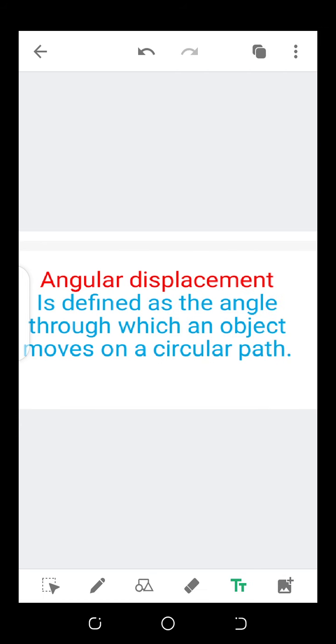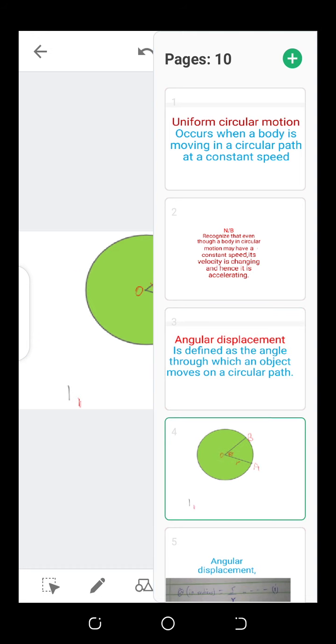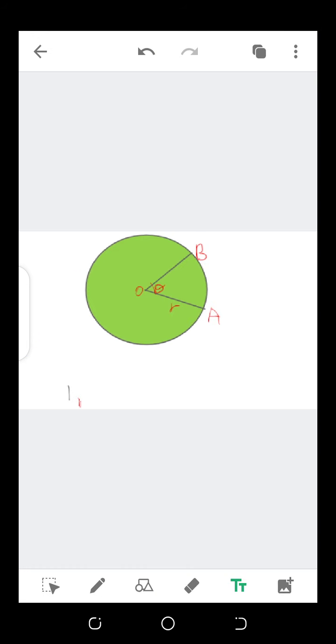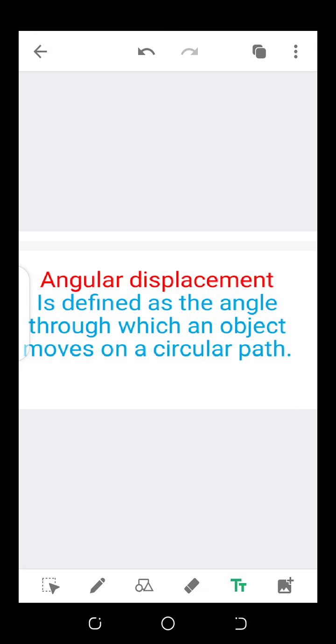Angular displacement is defined as the angle through which an object moves on a circular path. In a more convenient definition, the angle should be in radians. So the SI unit of angular displacement is radians. Take note of that.